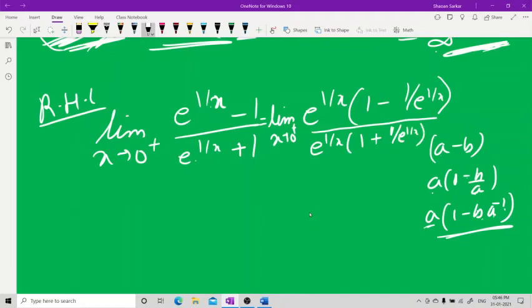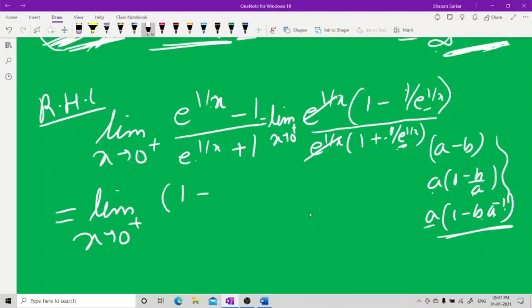Like this is b by a. The concept is this, this is the concept I'm using. Now this and this cancel out. So you will get limit x tending to 0 plus of 1 minus, now this will behave like a inverse, e to the power of minus 1 upon x, over 1 plus e to the power of minus 1 upon x.